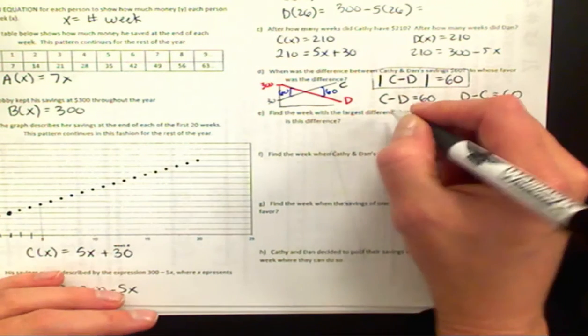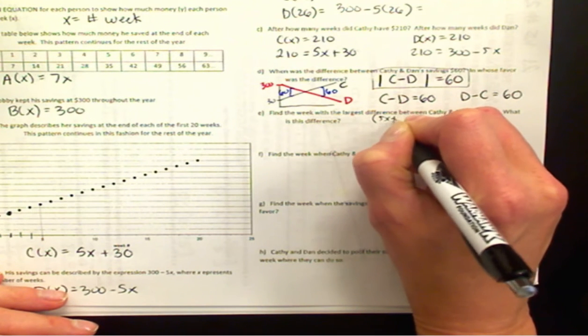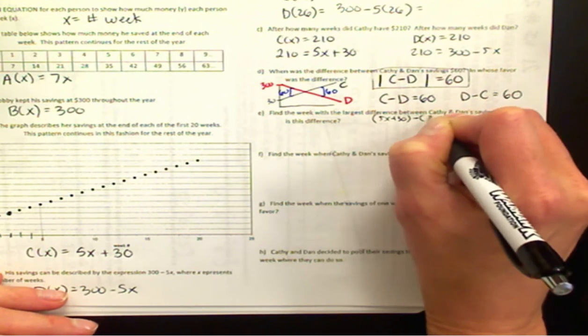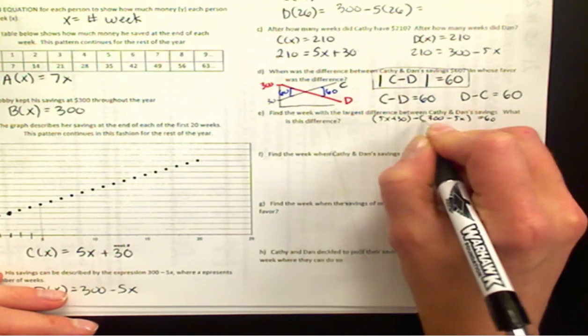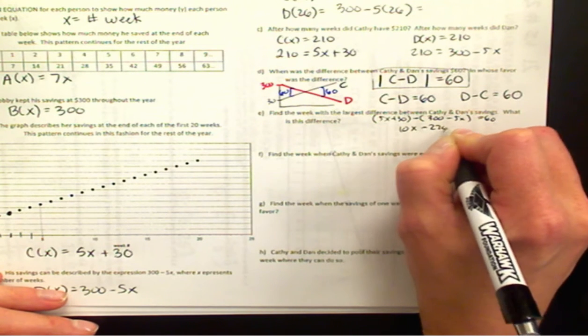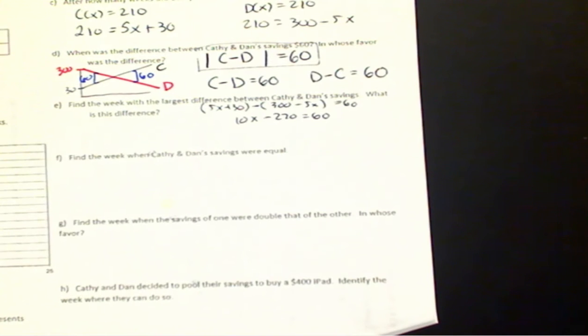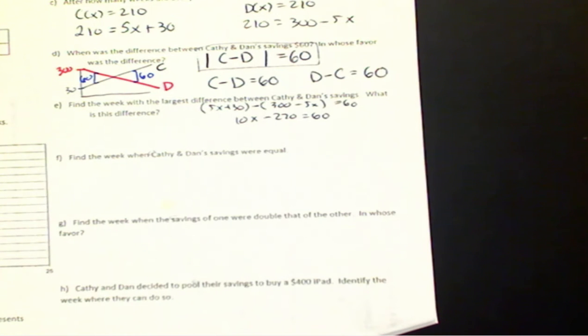So when I do Kathy minus Dan, I get 5x plus 30 minus 300 minus 5x. And so you end up with minus minus, you get 10x minus 270 equals 60. So the x's should not cancel out. Make sure you're distributing that negative when I substitute in so that you end up with a 10x.